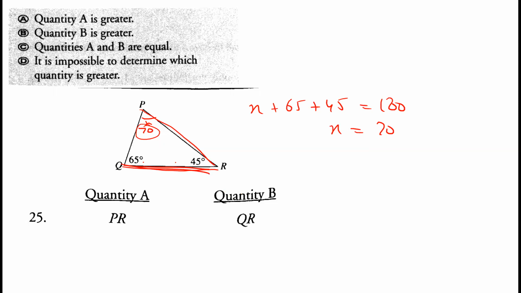The side that is opposite to the highest angle is the longest side. PQ would be the smallest and QR would be the longest side. So QR would be greater than PR. So option B is correct.